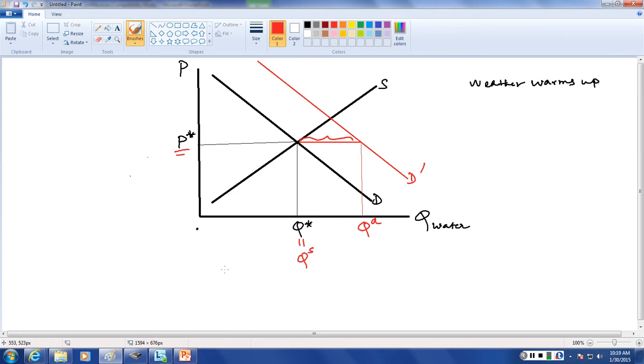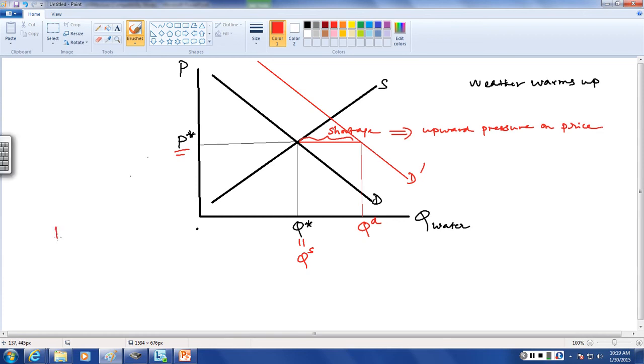We have a shortage. So this here is a shortage. And we have learned that shortages put upward pressure on the market price, correct? Yes? So we shall see the following happening then.